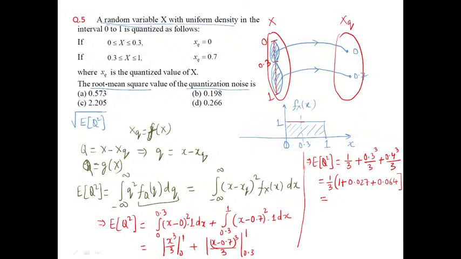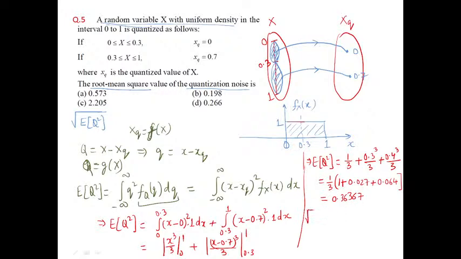So this is equal to 1 plus 0.027 plus 0.064, which is 1.091 divided by 3, so that will be equal to 0.36367.